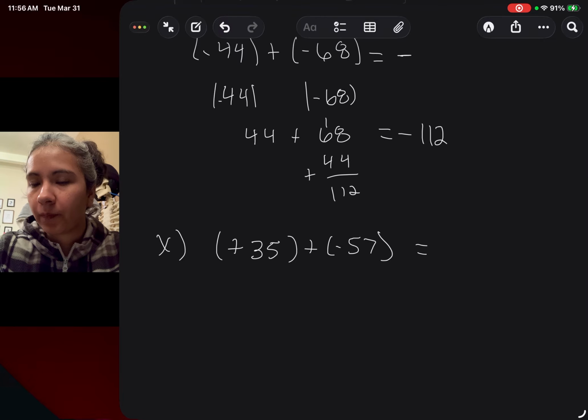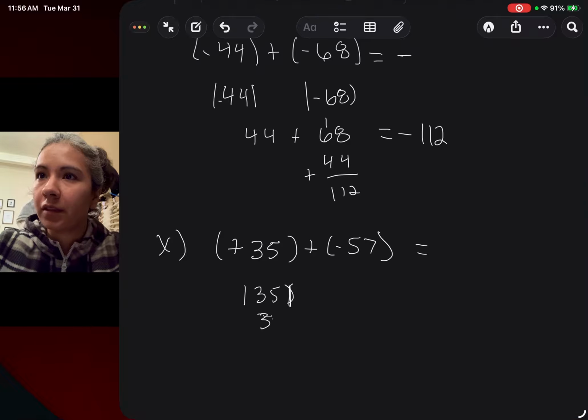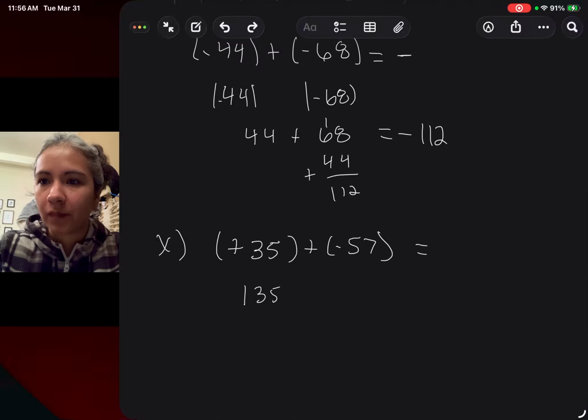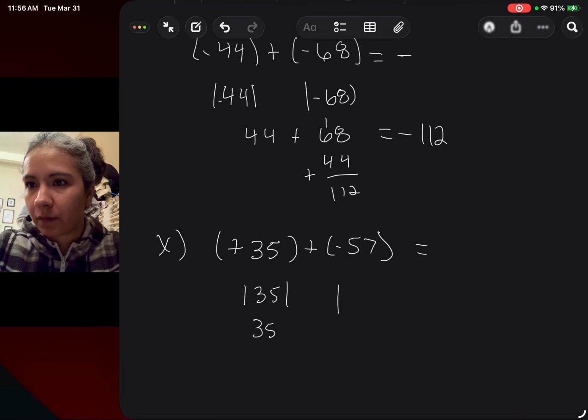The absolute value of positive 35 is 35, and the absolute value of negative 57 is positive 57.